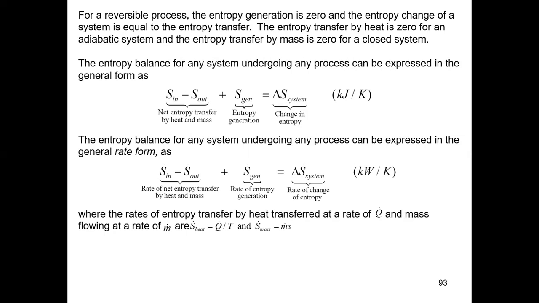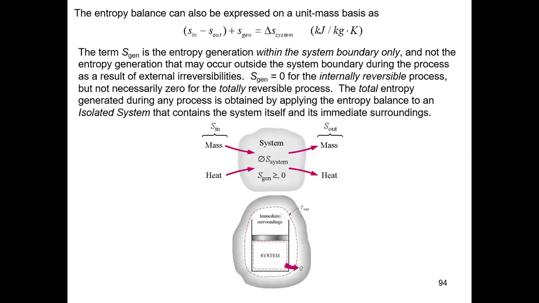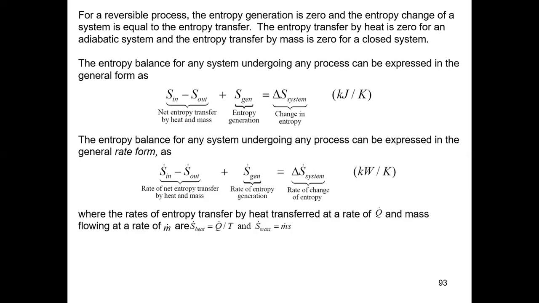The entropy balance for a system undergoing any process can be expressed in the general form as rate of net entropy transfer by heat and mass plus rate of entropy generation is equal to rate of change of entropy, and units can be kilowatt per Kelvin, where the rates of entropy transfer by heat transfer at rate Q dot and mass flowing at the rate of m dot are S dot heat is equal to Q dot over T, and S dot mass is equal to m dot s.